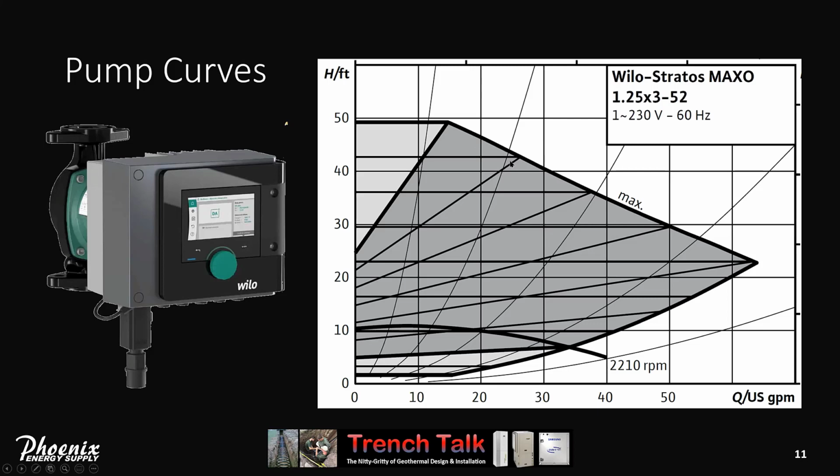So when you set it up, you pick a head that you want to deliver. And let's just say we want to have 42 feet of head under max flow. And the curve that it's going to follow is 42 feet at max flow, but at zero flow, the other end is half of that.